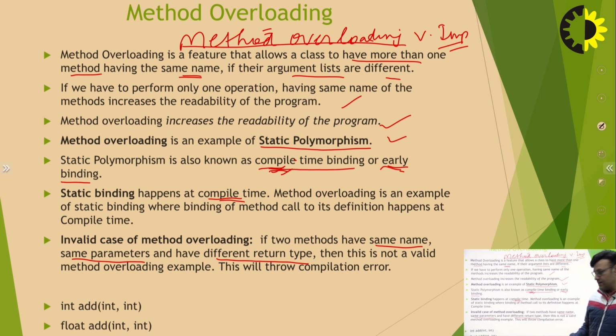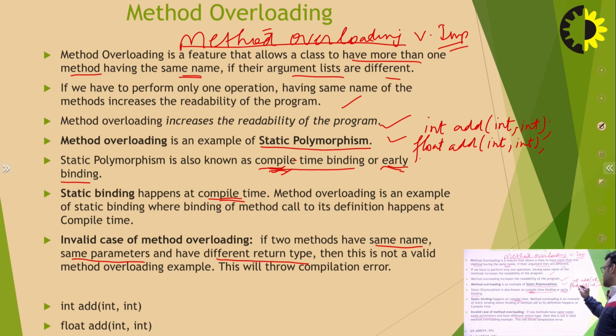For example, if I have a method called add with parameters int, comma, int, this is one method. Another method has the same name, same parameters, but a different return type, for example float.